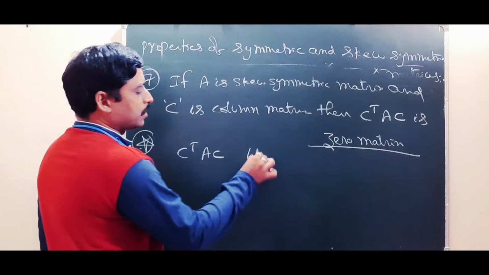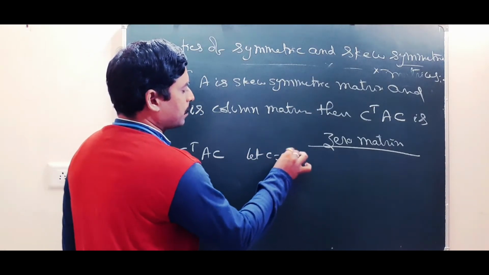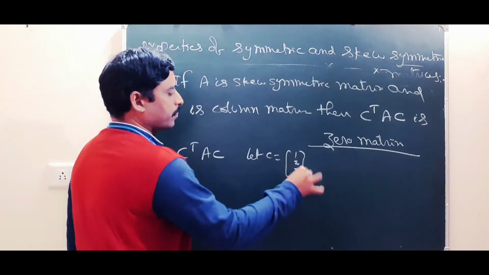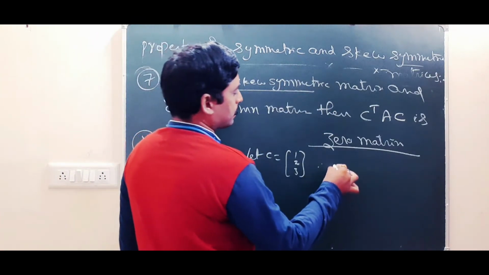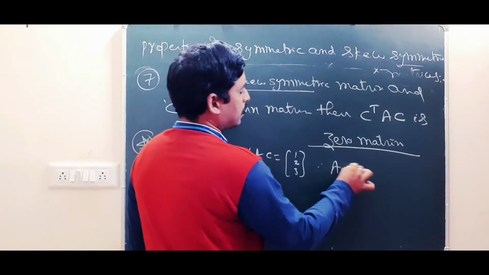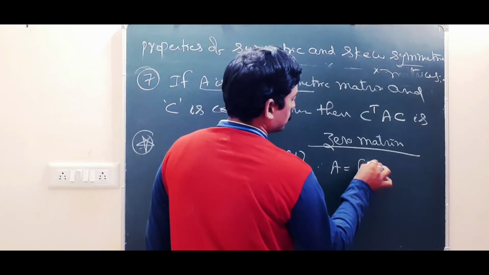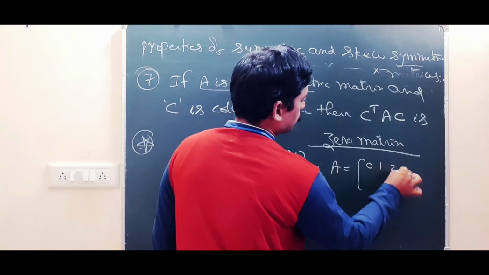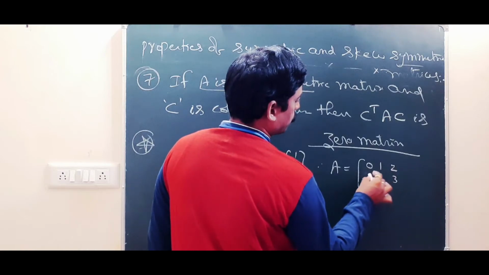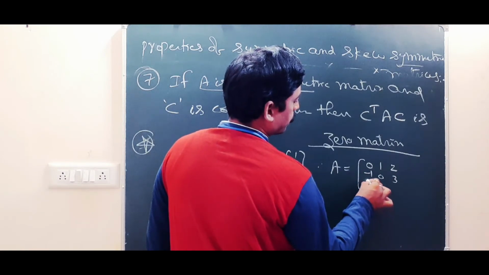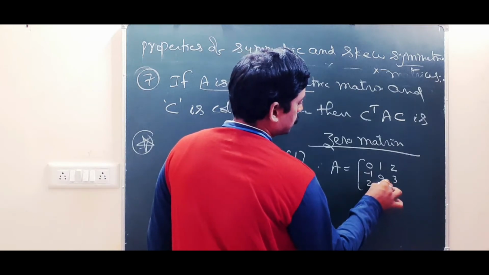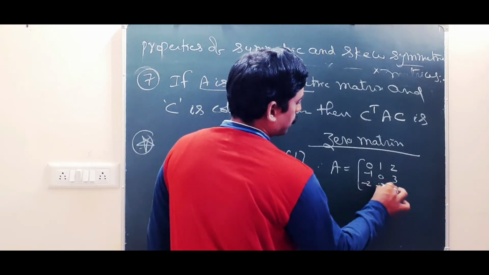So let us take C is equal to the column matrix 1, 2, 3. Okay, A is a square matrix, a skew symmetric matrix. So let us take A is equal to 0, 1, 2, minus 1, 0, 3, minus 2, minus 3, 0.